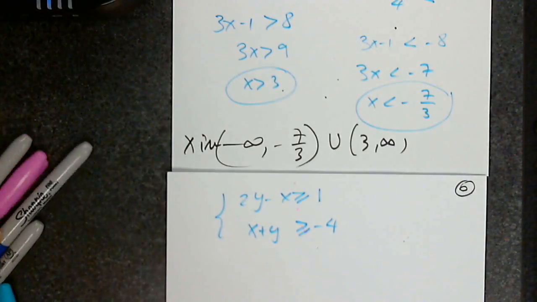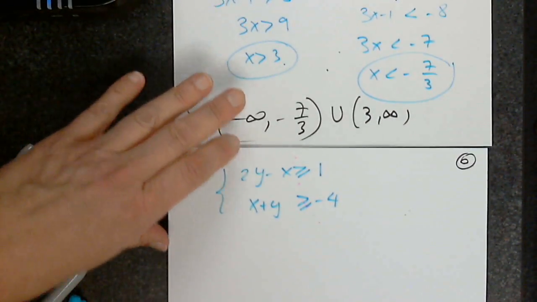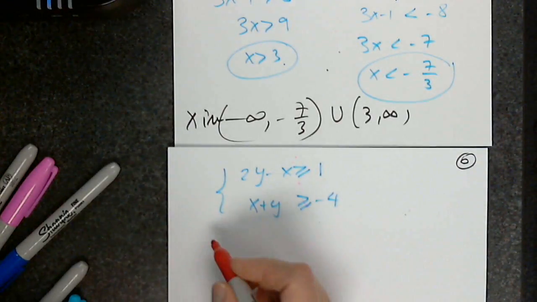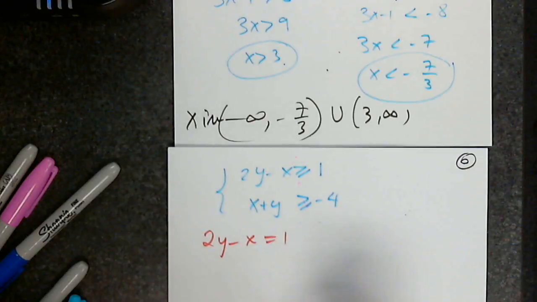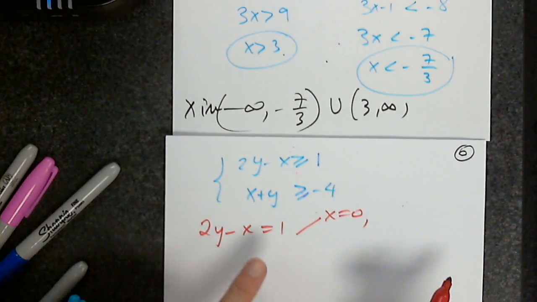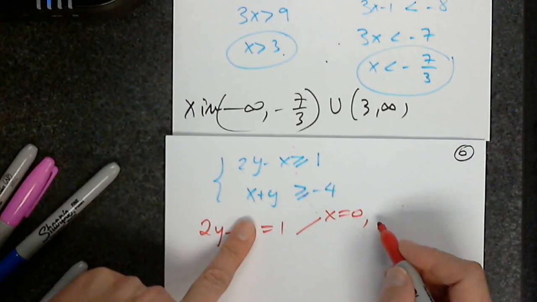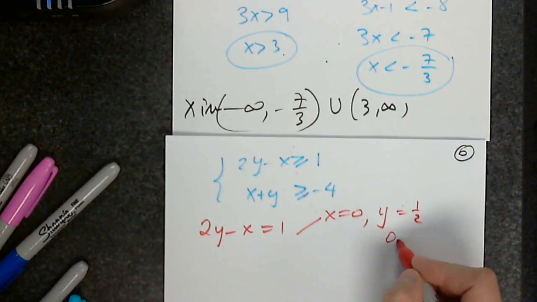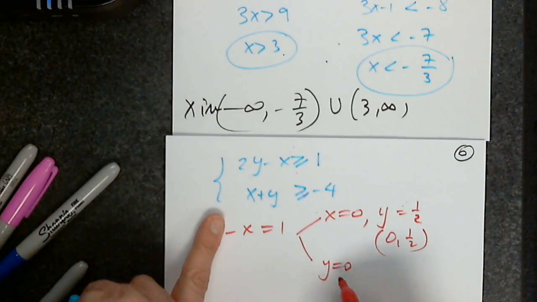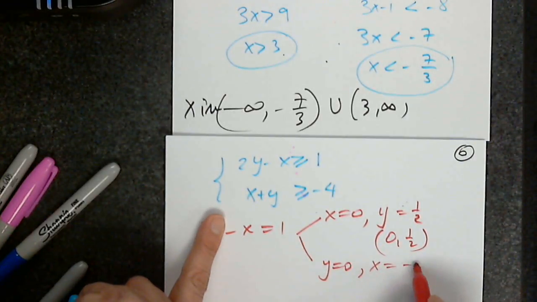Good. So the first step is I'm not changing the inequality into an equation. I have to write the equation because I need to graph it. And that will be 2y minus x equals 1. It's a linear equation. When x is 0, y is 1/2. So 0, 1/2. When y is 0, x is negative 1.